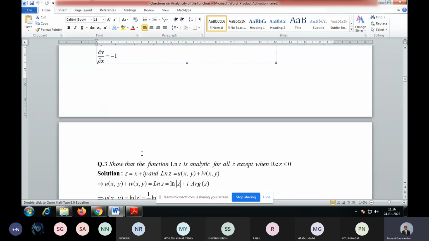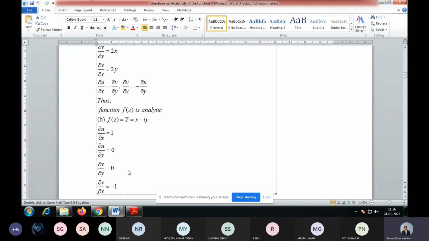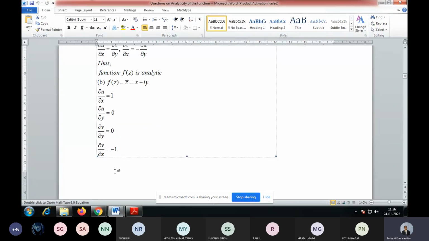Z bar means x minus iota y. Del u by del x was 1, del u by del y is 0, del v by del y is 0 and del v by del x is minus 1. So you may check whether it satisfies the CR equation or not. Del u by del x equals del v by del y. It is coming 1 and 0.